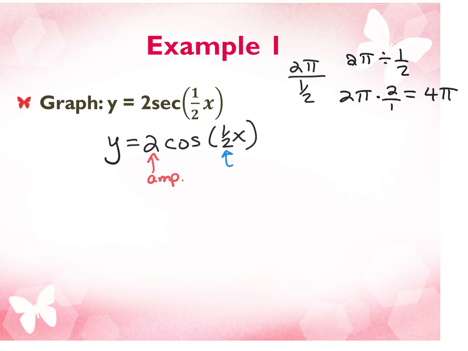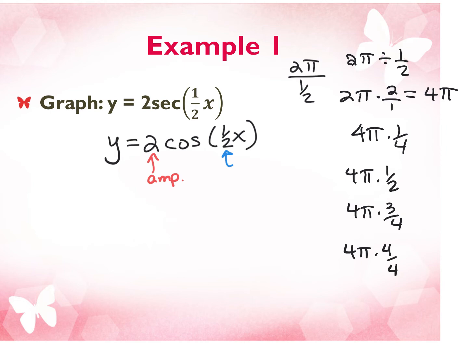So again, since it's not a phase shift, we take that cycle or that period length and we have to split it into quarters. So 4 pi times 1/4, 4 pi times 1/2, 4 pi times 3/4, and 4 pi times 4/4. The 4's simplify, so I just get pi.